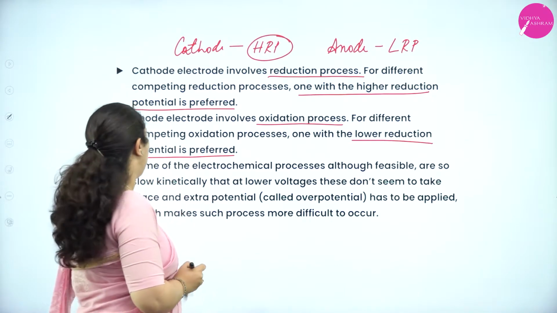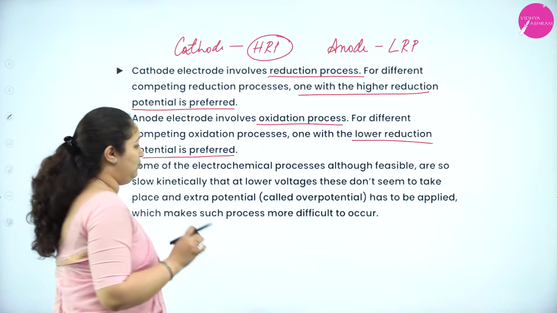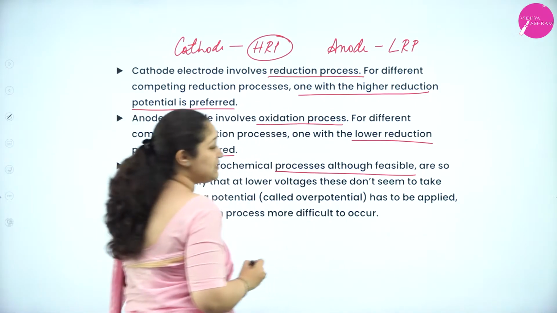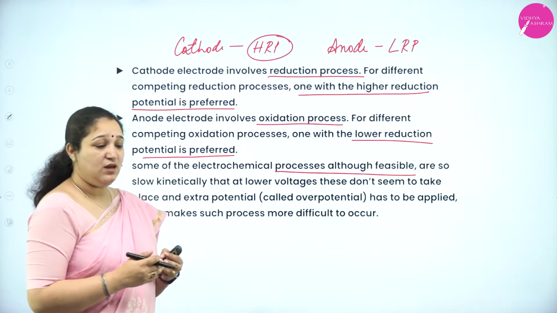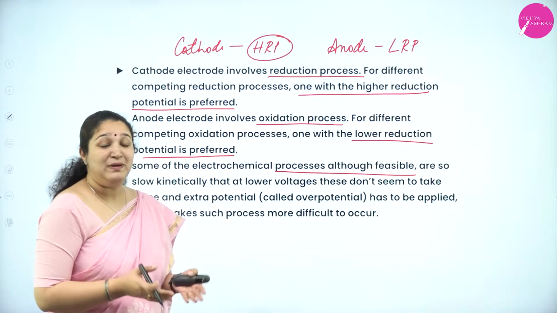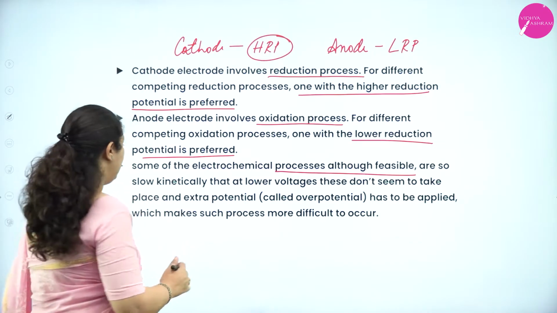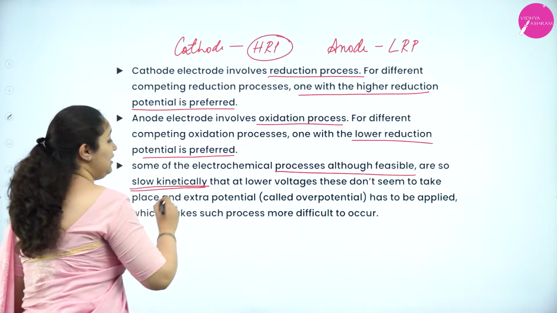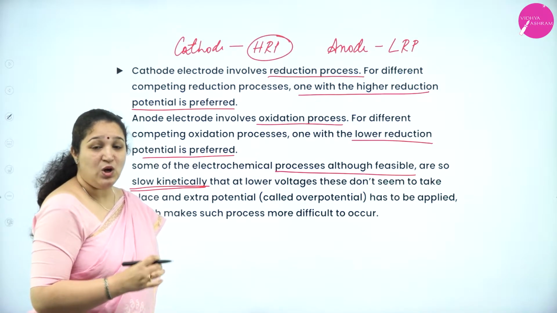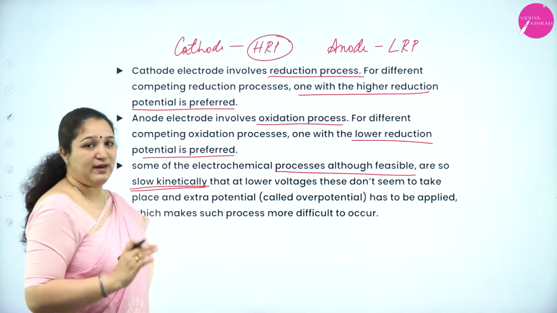Okay. Some of the electrochemical cells, although if it is feasible, that is theoretically that reaction can occur, but practically that is not occurring because it is kinetically slow reaction which requires an extra voltage to get liberated.